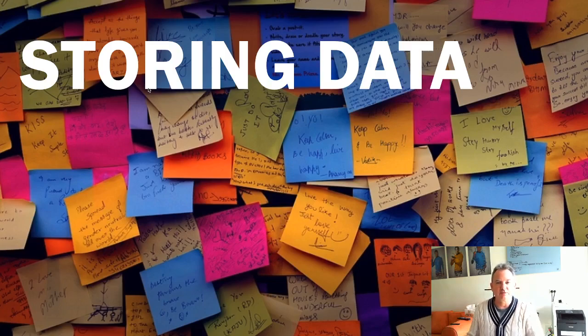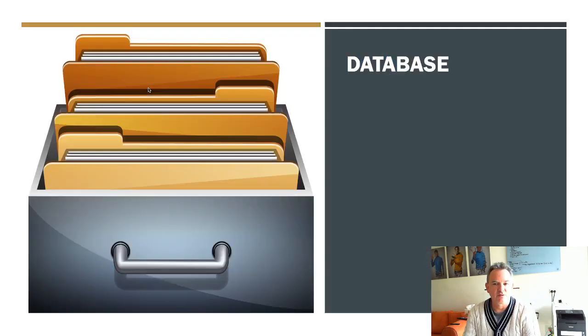Storing data is the next one to come to. So if we give Django and Python a bunch of data to store, they're going to keep it in memory or in files or wherever they can find to keep it, but it's not a very good way of doing it. So what you really want is a separate system that manages storing data for you, and that's a thing called a database, which you may have heard of before.